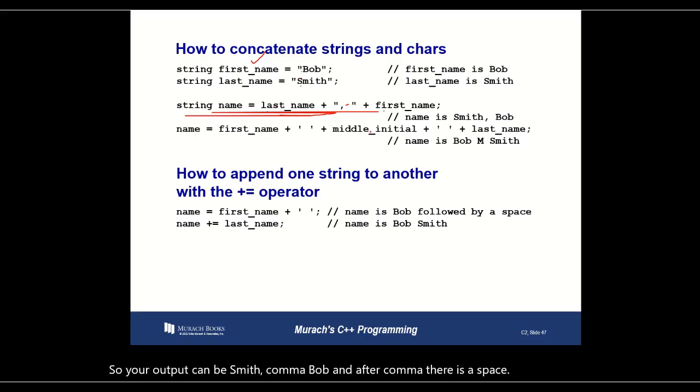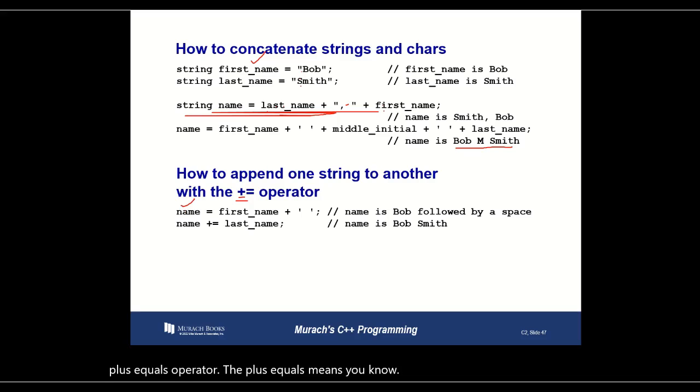Name, first name, middle initial, last name. If your middle initial is M, then your name is Bob M. Smith. You can append one string to another using the plus equals operator. The plus equals means the value of name in this line is nothing, right?